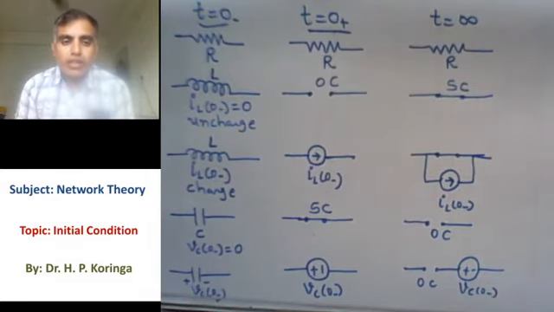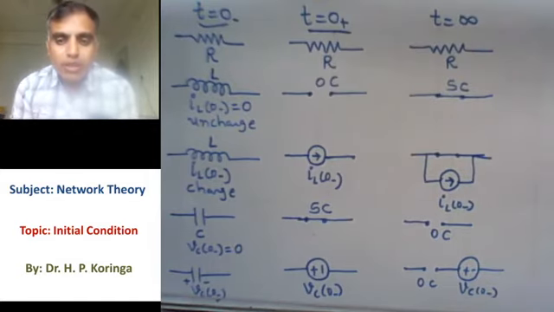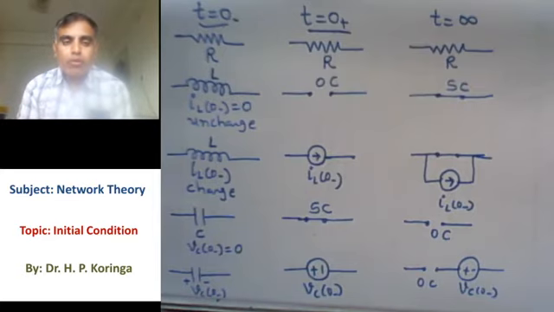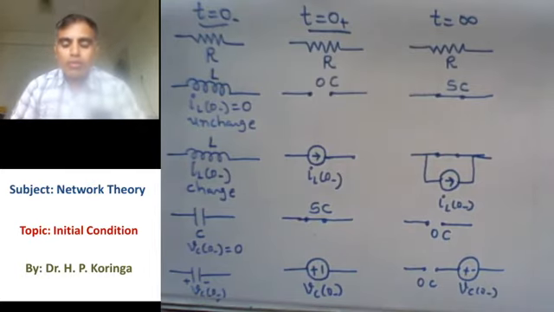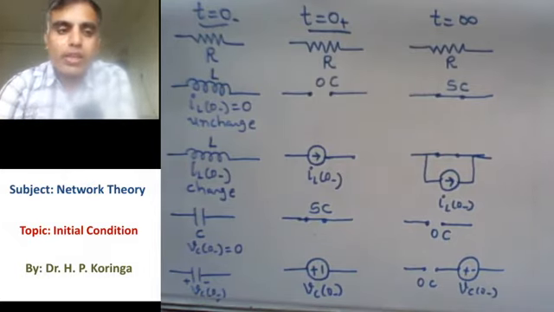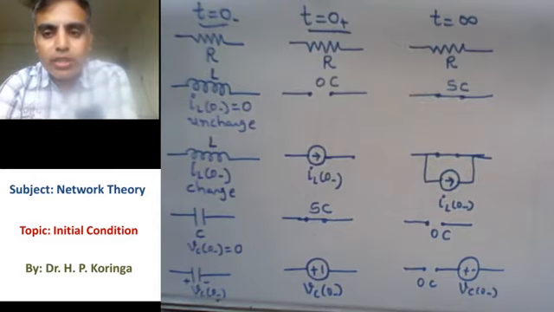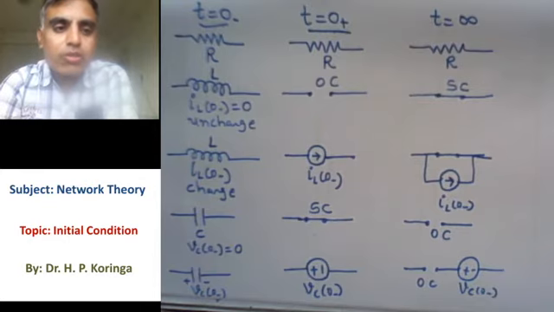Steady state condition means the inductor and capacitor are connected for a longer time with any source. It is called the steady state condition. In a steady state condition, the inductor works as a short circuit.